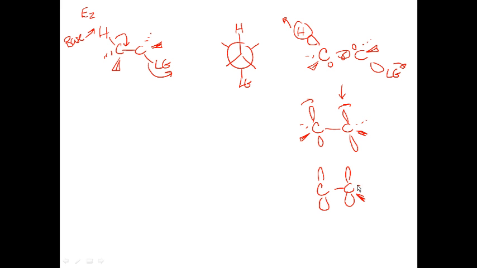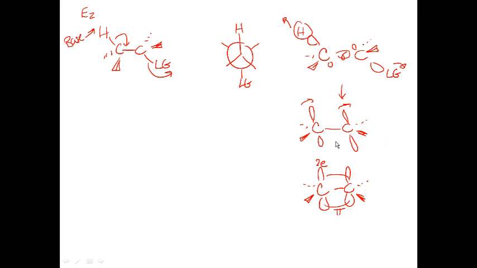where the p orbital on the left has two electrons because that hydrogen has been removed by the base. And of course, the p orbital on the right has no electrons in it, so now these two can overlap to form the pi bond.